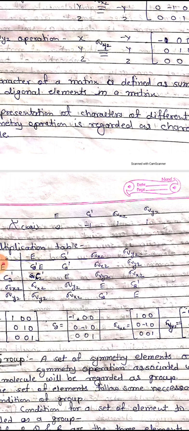How beautifully you can draw a multiplication table with the help of matrix representation. Therefore, matrix representation, which is pure mathematics, is applied here to represent the symmetry operations of a molecule.